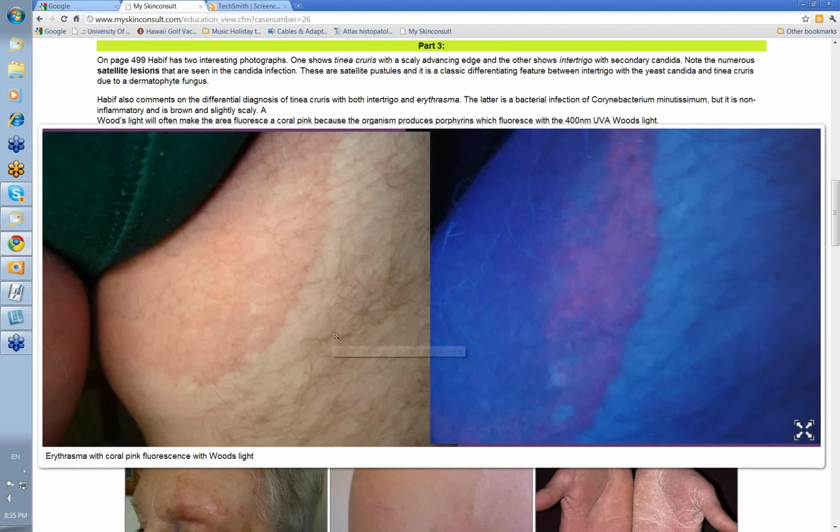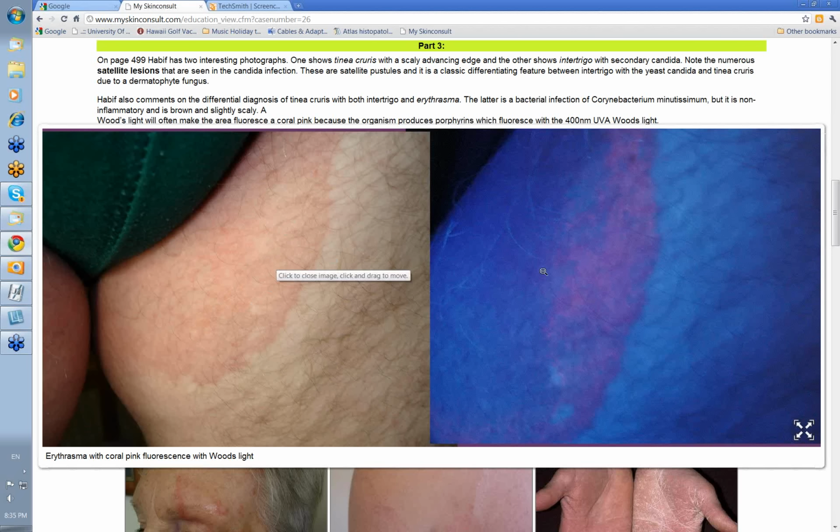And here's another one. Inner groin. Look at that color. Very definite edge here. But this you might think is a tinea, but it isn't. This is erythrasma. And again, it's another corynebacterial infection. And again, it responds to erythromycin or clindamycin topically.